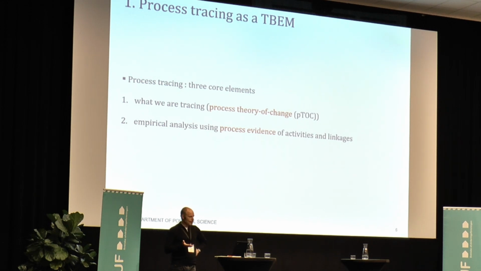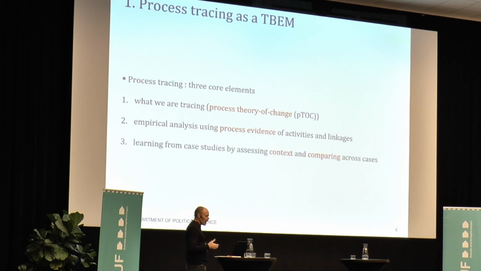The empirical analysis is then using observational traces of activities, people doing things that link an intervention and an outcome together. And then the final element, where we're not very good at yet, is how we can actually learn from case studies, thinking about context and comparing across cases. Okay, just going to real briefly dig into each of these.